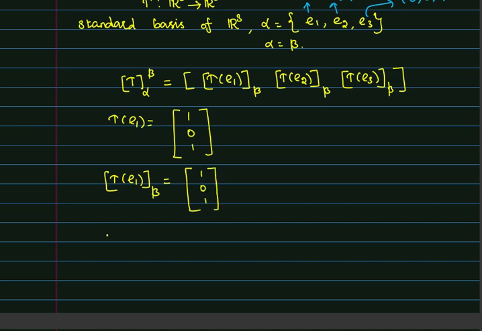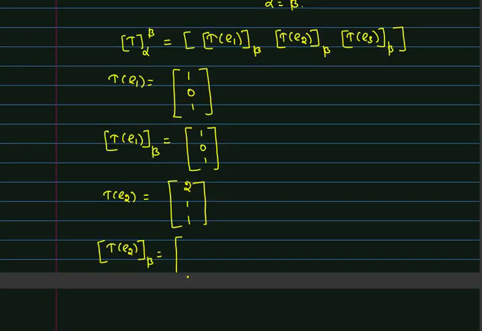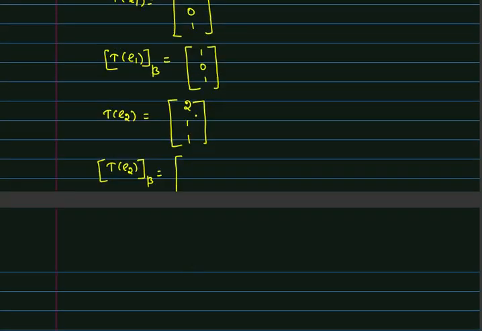T of E2 we get as 2, 1, 1, and its coordinate vector in beta comes out the same way. It is not always the same; in this case, because it is the standard basis, these automatically come out the same.